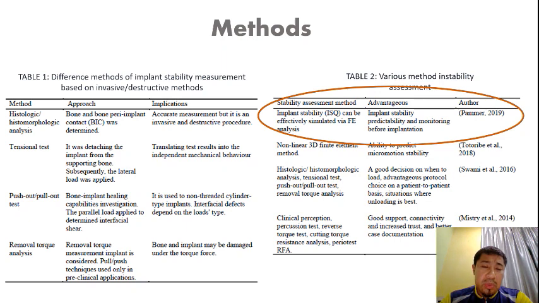And we are really not interested in those methods, but we are really interested in trying to use finite element analysis to find ways to measure the ISQ or implant stability, so that we can predict the value of implant stability, or the stability of the fixation, before the bone implant fixation is made by the surgeon.